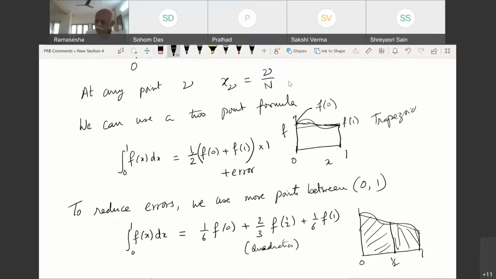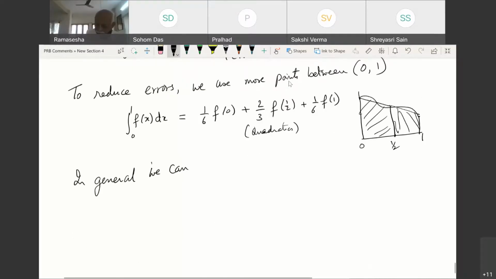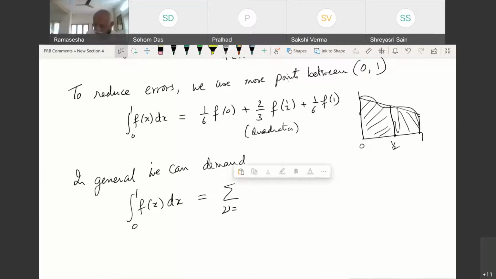In general, we can demand integral 0 to 1 f(x) dx is equal to the sum over nu equal to 0 to n of some weight w_nu times f(nu by n).